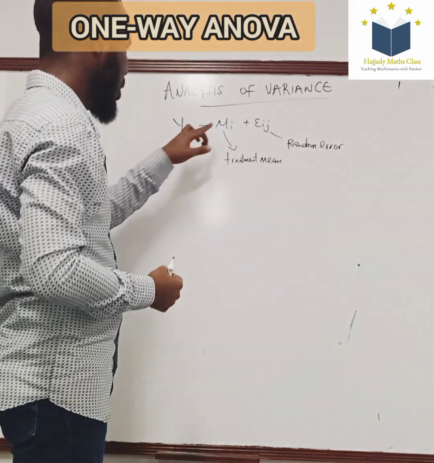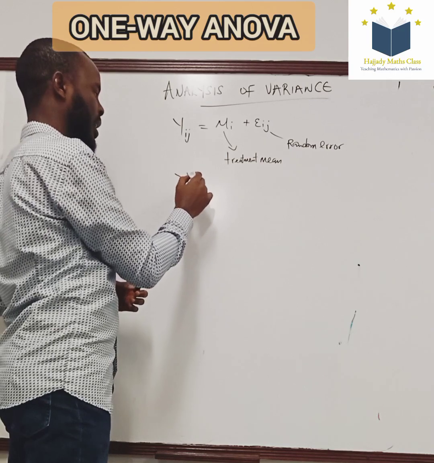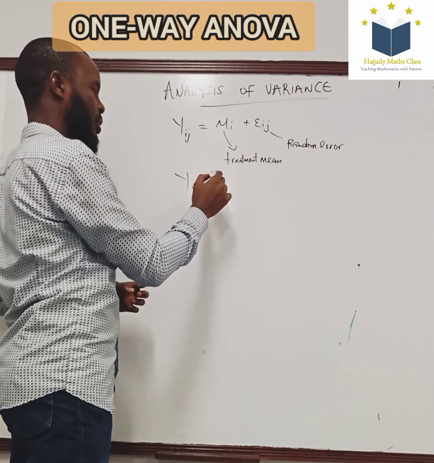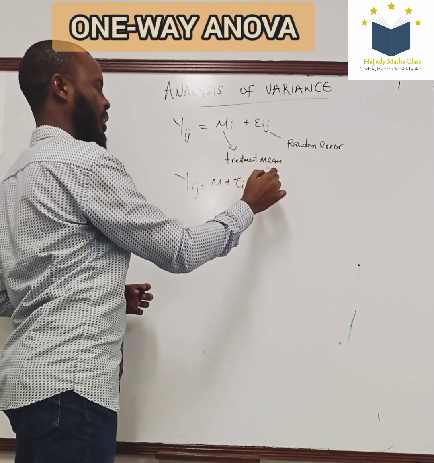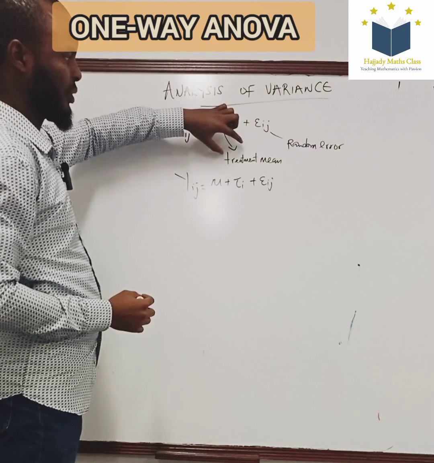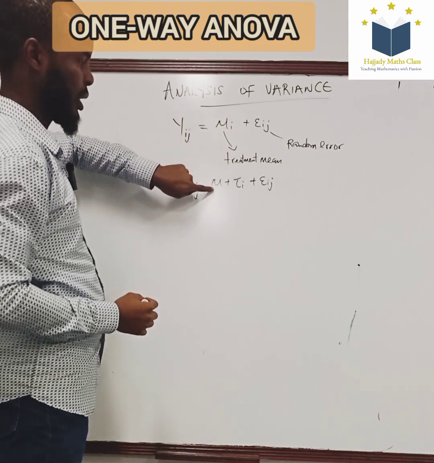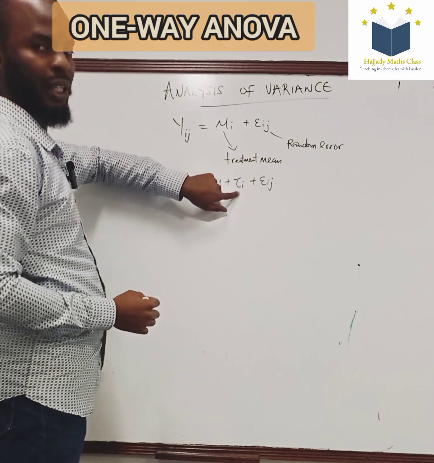This model can also be written as Yij equals mu plus tau i plus Eij, where our mu i, which is the treatment mean, can be stated as the overall mean and also the treatment effect.